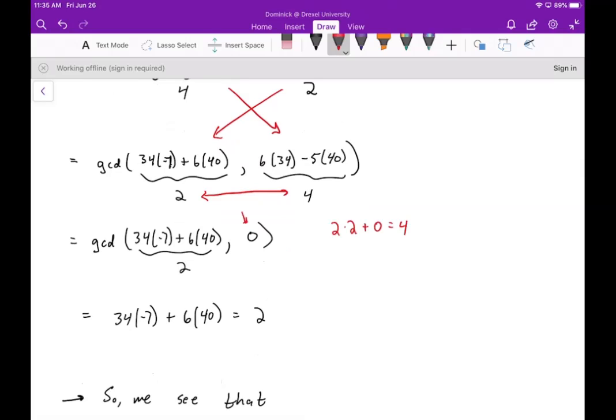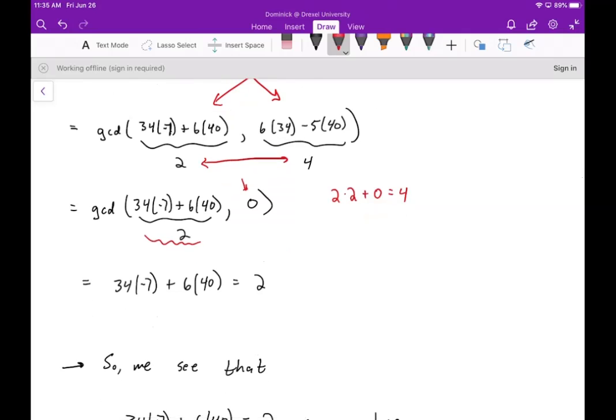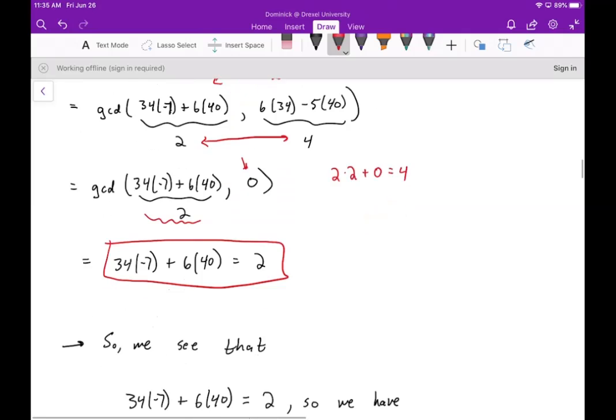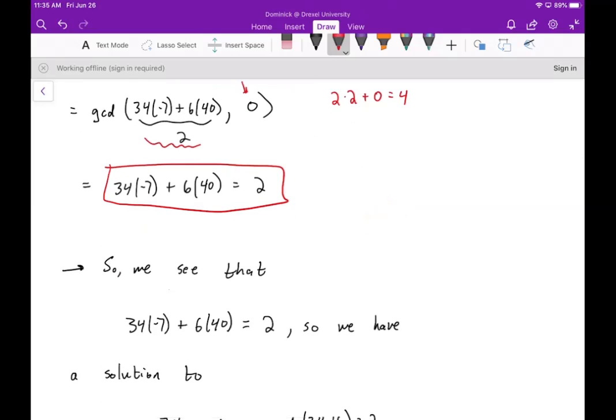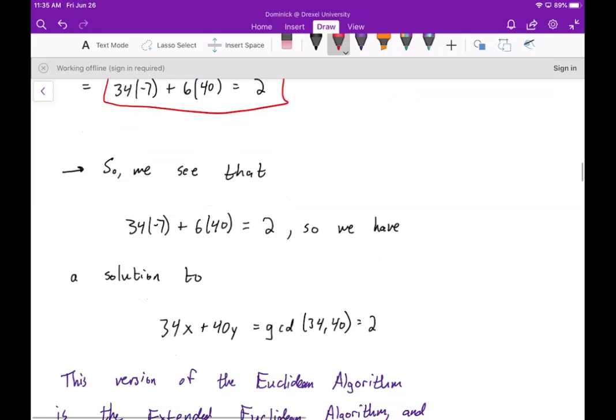So we get that our GCD is 2, and we've expressed this as a linear combination of 34 and 40. We see that if we take 34 times -7 plus 6 times 40, we get 2. So we have a solution to the equation 34x plus 40y is equal to 2, which is the GCD of 34 and 40.